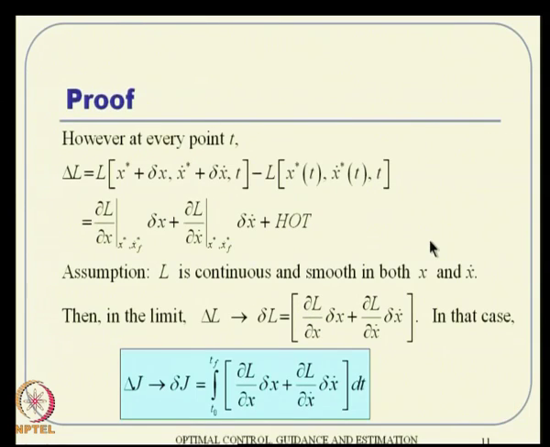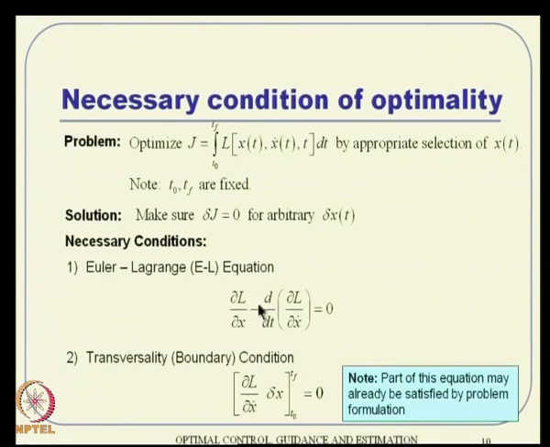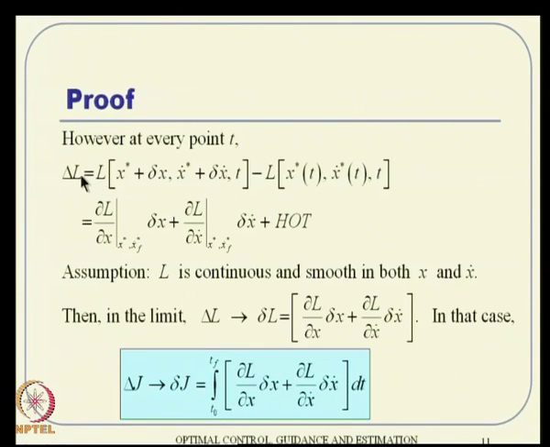Now, quickly, the proof that followed is something like this. It has this delta L, which we took, and delta L is by definition like this, and we expanded it using Taylor series. This is the first term in the derivative and then higher order terms, and if you take the limit, delta L becomes this, and that turns out to be like that. So this delta J can be approximated something like this.